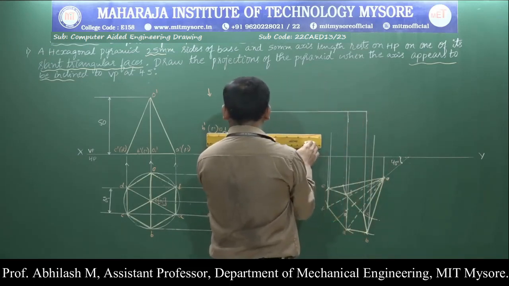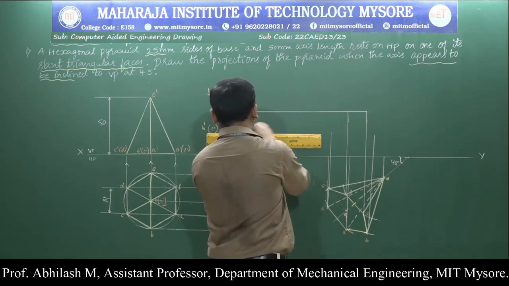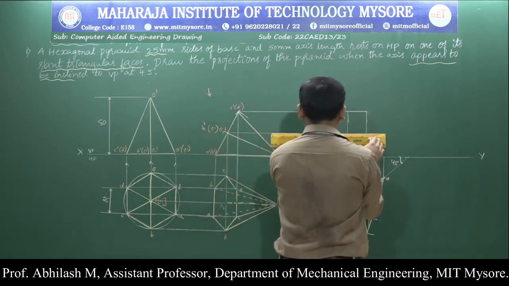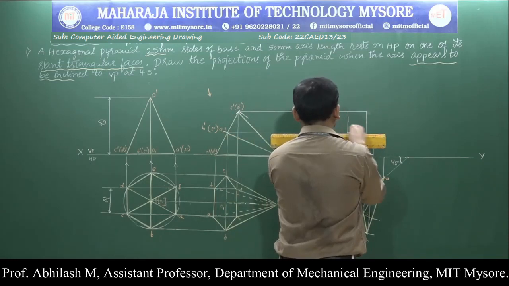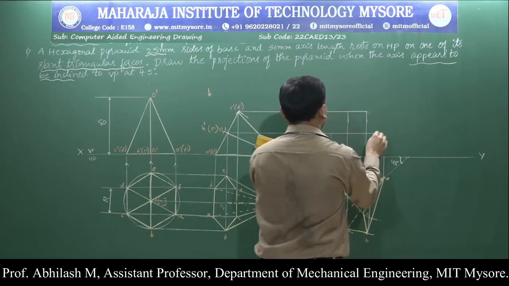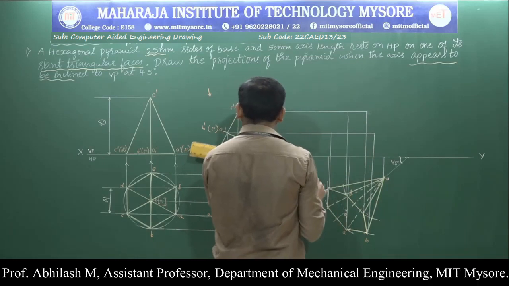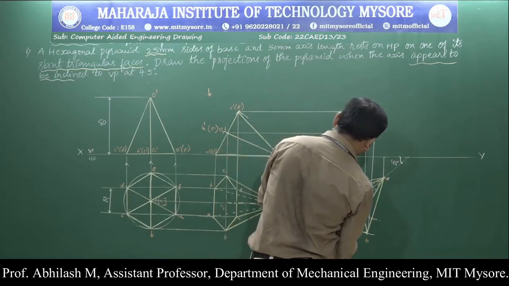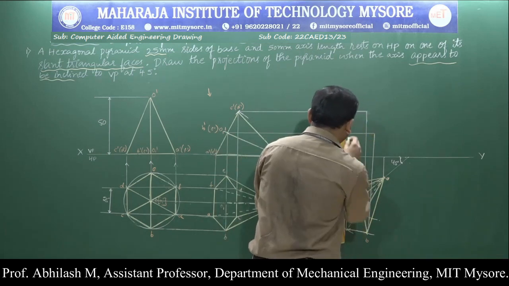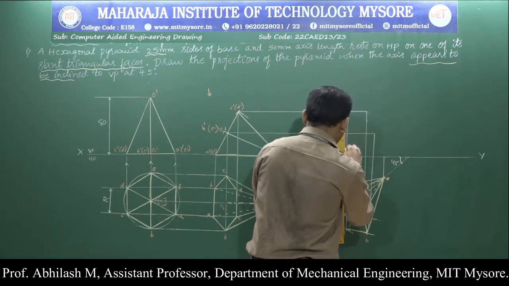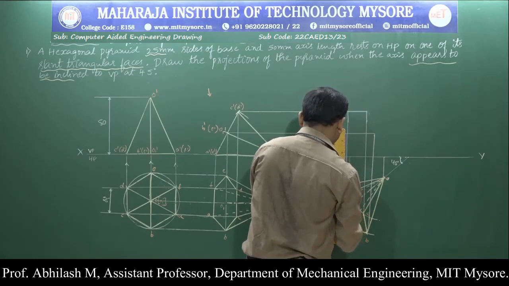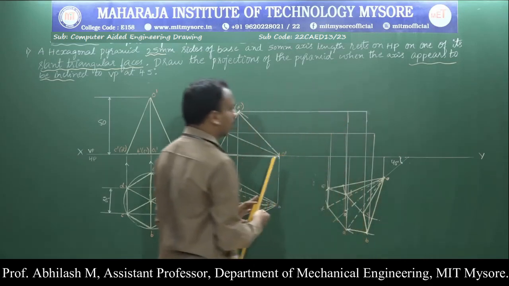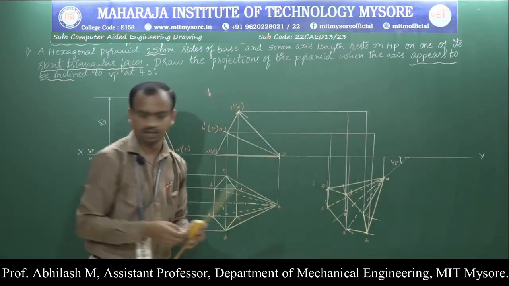Similarly, from E dash and B dash we are supposed to draw the projection lines. And from O we are supposed to draw the O1, that is, a projection line. The lines are very close, so be very careful while completing the step.